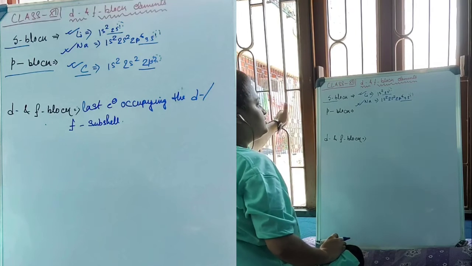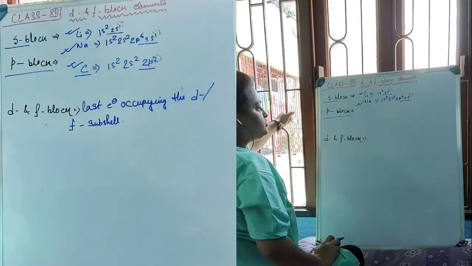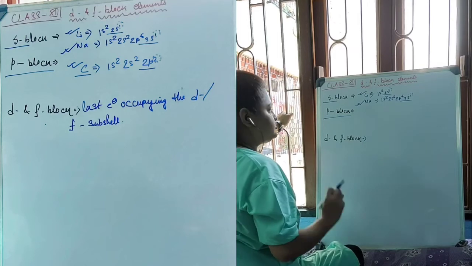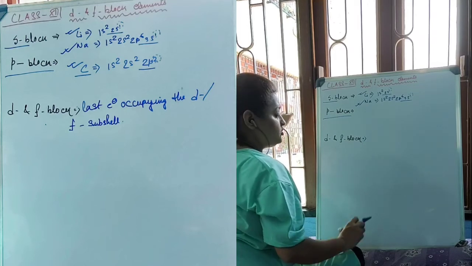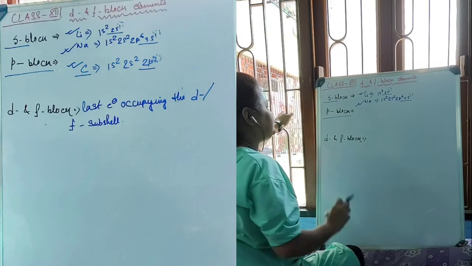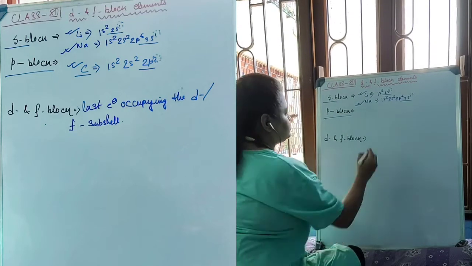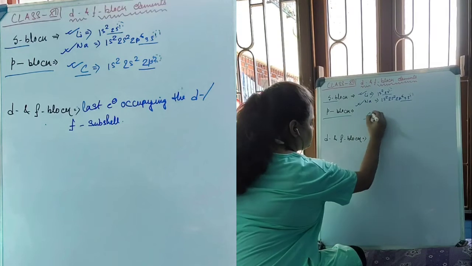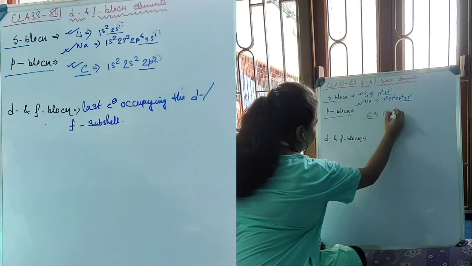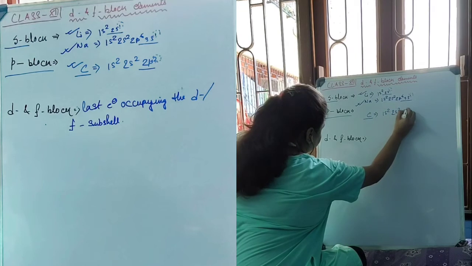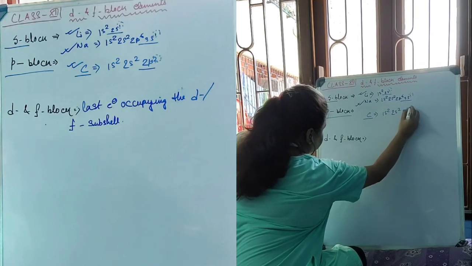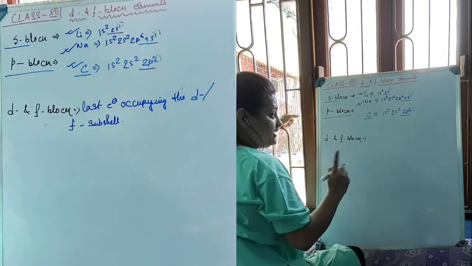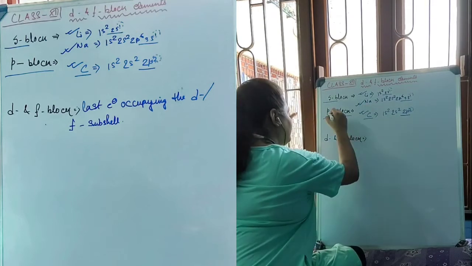In a similar manner, P block elements are those elements which have a P valence shell, and the last valence electrons are residing in the P valence shell. Like carbon is a P block element because the electronic configuration of carbon follows 1s2, 2s2, 2p2. The last valence electrons are residing in the valence shell P. That's why carbon is a P block element.